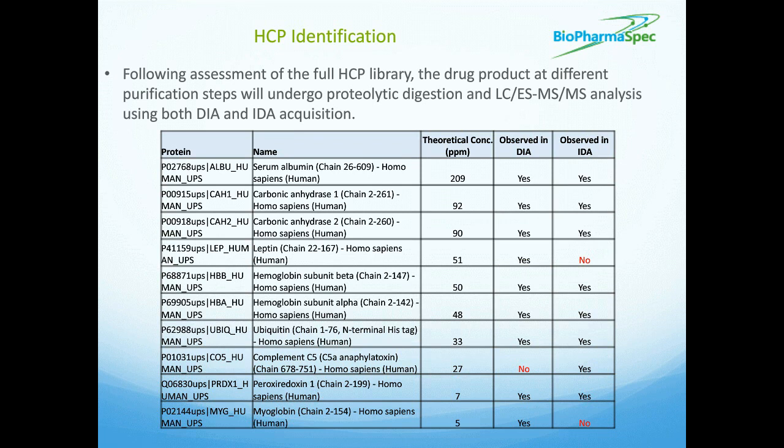And this is because of some of the things we looked at earlier that compared both of these methods. So it's generally a more sensitive method. Also using the SWATH analysis is able to increase our sensitivity. It's also important to note that there was one protein that was identified by the data-dependent method and not by the data-independent method. And that's why it's important to run both methods, just to make sure you're getting a complete picture.